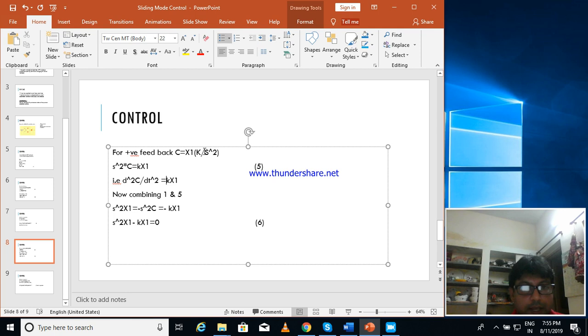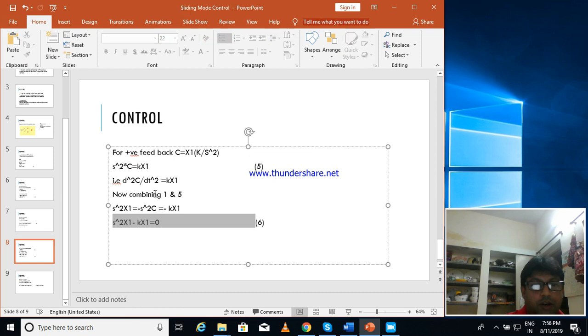so the same way, if I combine equation 1 and this equation 5, it becomes like this. It is also a second order differential equation, which is nothing but d2x1 by dt square minus kx1 is equal to 0.